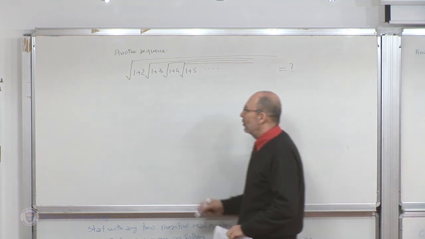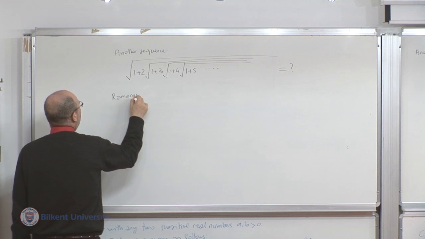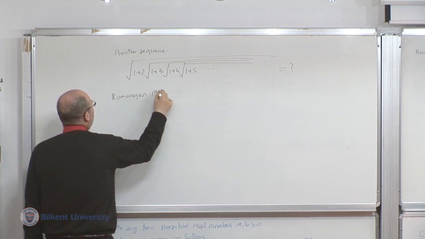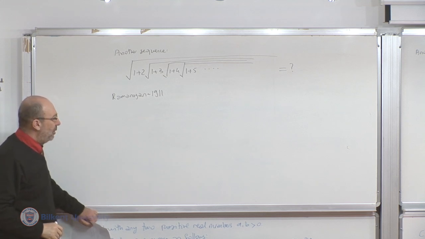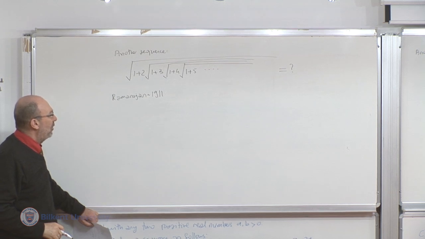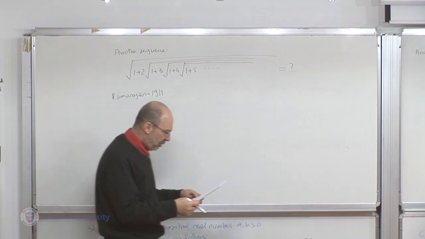This is a sequence that Ramanujan asked in 1911, maybe a few years later. To find out what the limit is, I think Ramanujan gave a solution, but there are easier solutions, so I'll give you an easier solution.